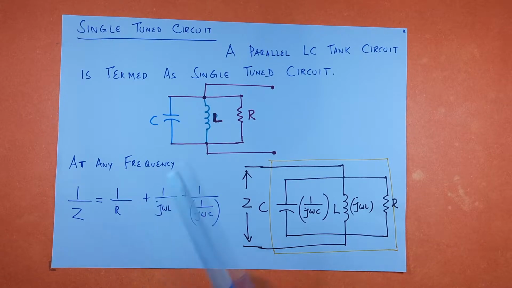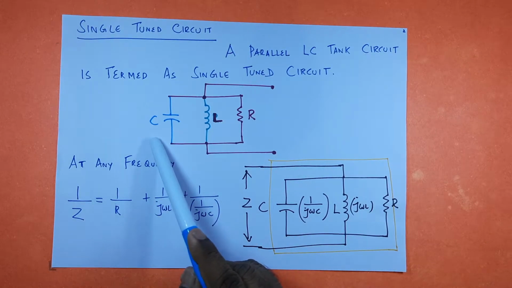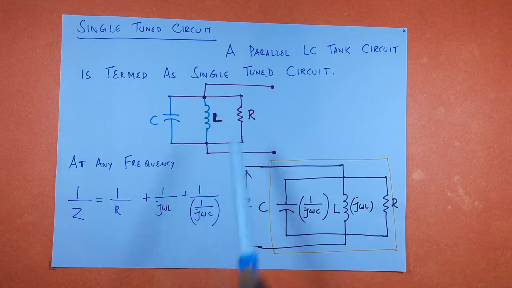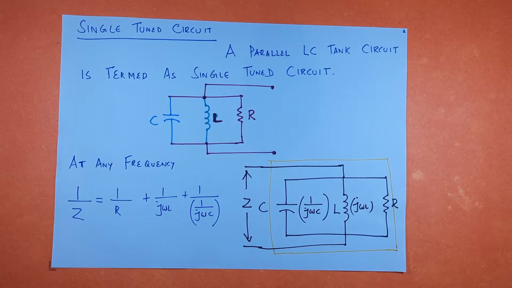So we have a capacitor C in parallel with the inductor L and in parallel with a resistance R. So this is called a parallel LC tank circuit, which is nothing but a single tuned circuit.